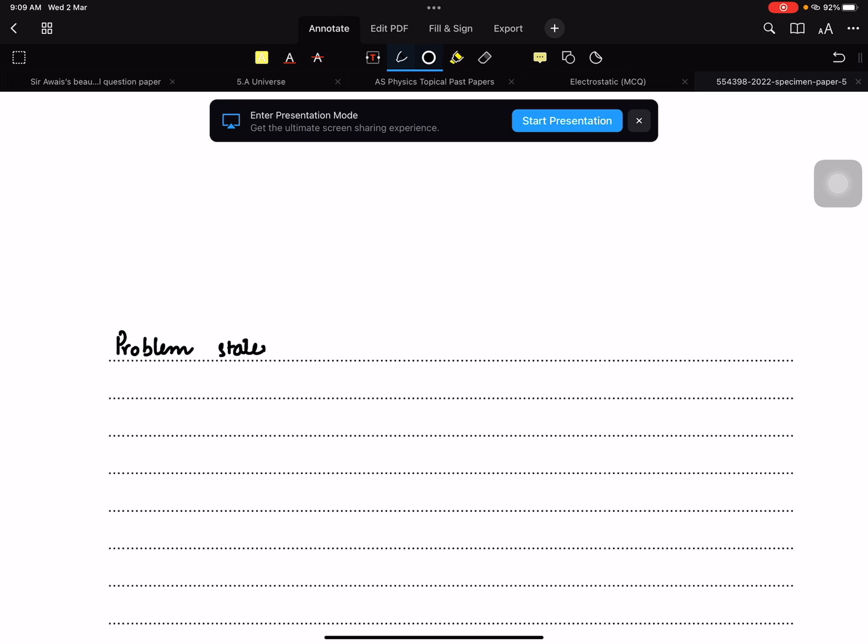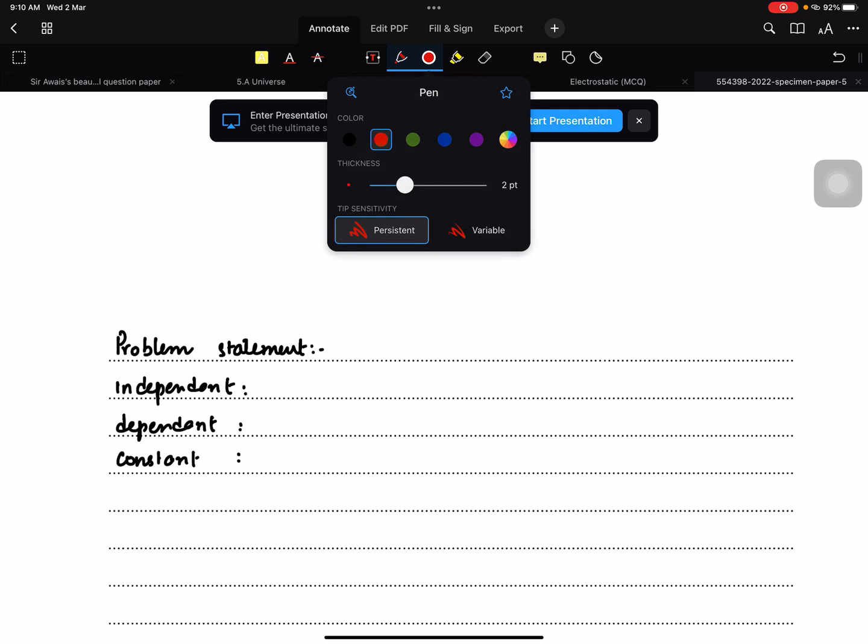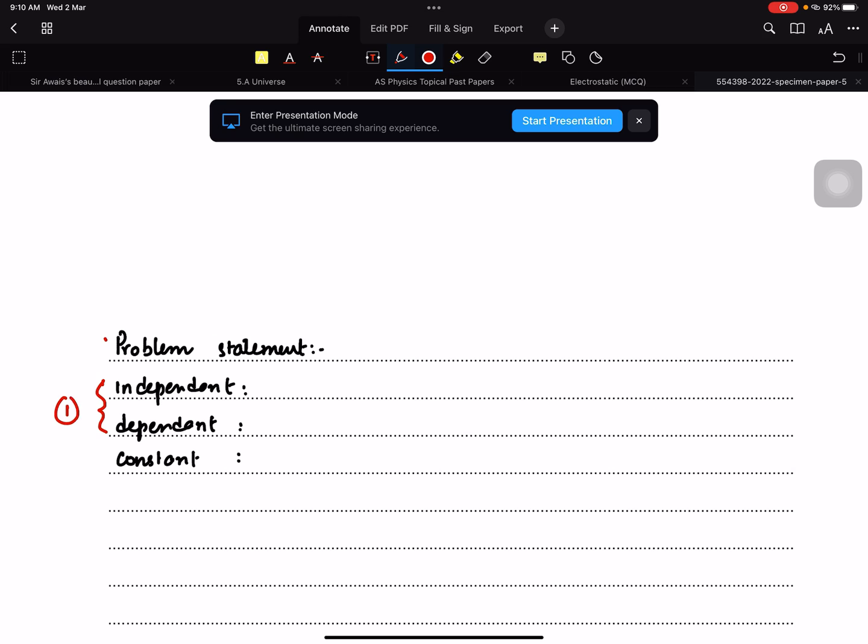Problem statement means that you're defining what you're looking at, which means you will end up writing 2 things. You're going to write the independent quantity, you're going to tell us what is dependent, and then you will also tell us what is constant here. So 3 things. Writing this section correctly gives you 1 mark. Writing this will give you another mark. So the problem statement is a total of 2 marks.